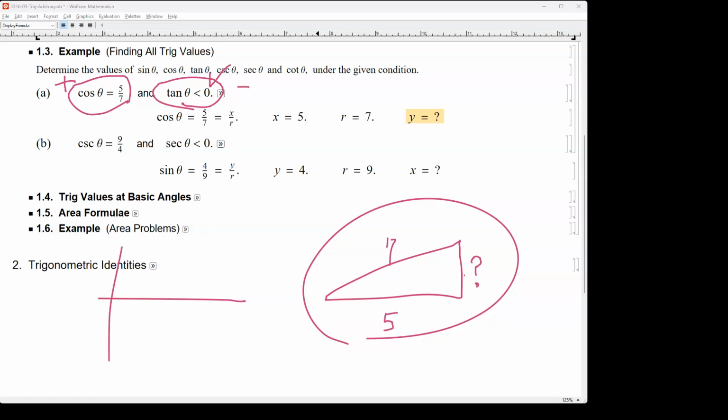In the fourth quadrant, it's going to be this kind of triangle. The angle in question is always at the origin, the right angle is on the x-axis, the hypotenuse is 7, the horizontal is 5, and the vertical, well, same Pythagorean computation as before, but you can clearly see this time this y-coordinate is negative. So I like this one a little bit better.